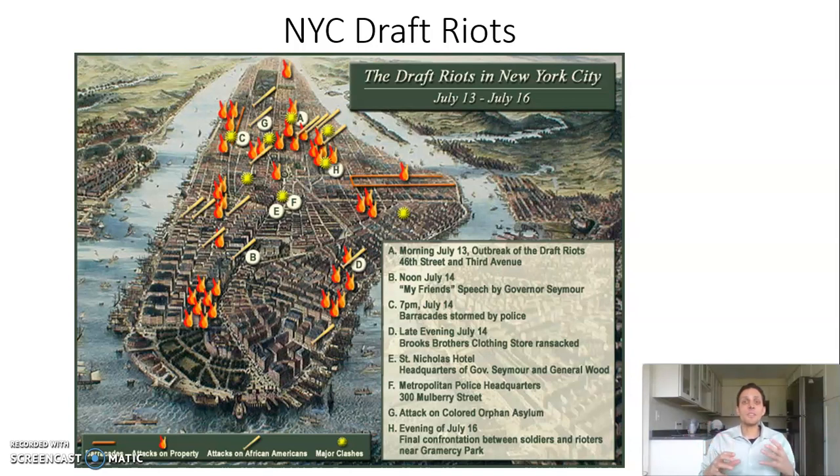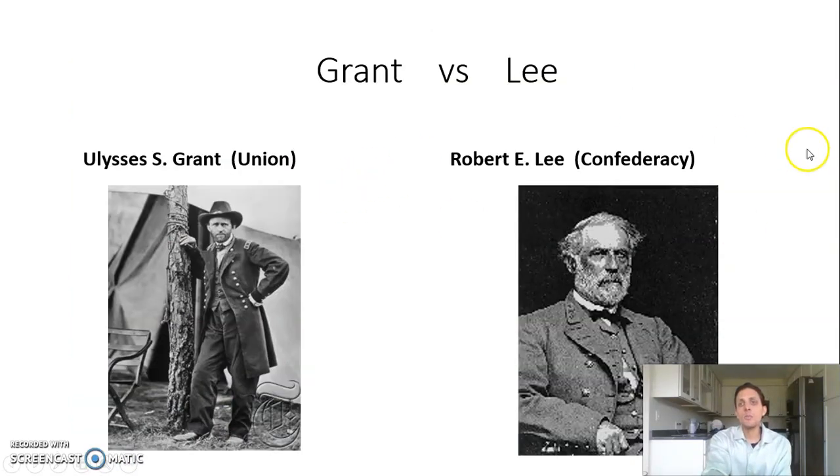And so you see some of this backlash in certain elements of what's happening here during the Civil War. Now, during the war itself, the two famous generals that you want to associate with the Civil War are Ulysses S. Grant and Robert E. Lee. So Grant is the famous general on the Union side. Robert E. Lee is the famous general on the Confederacy side.